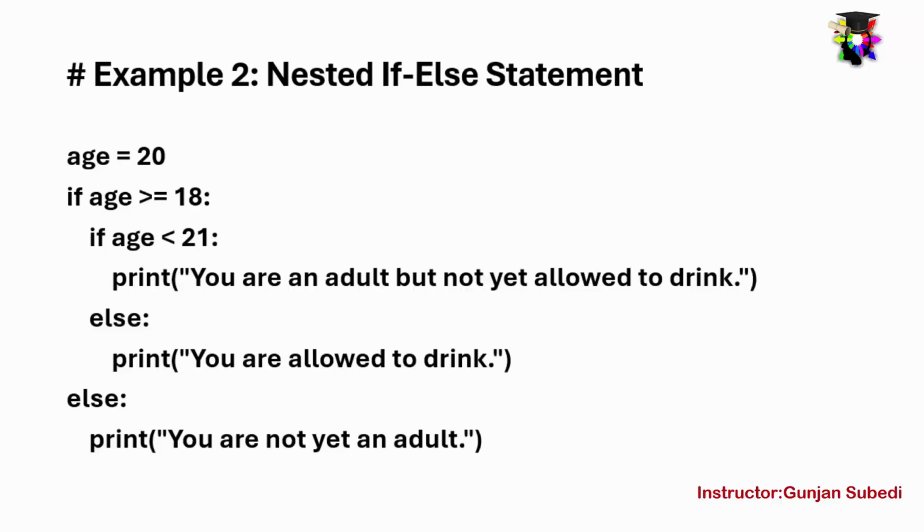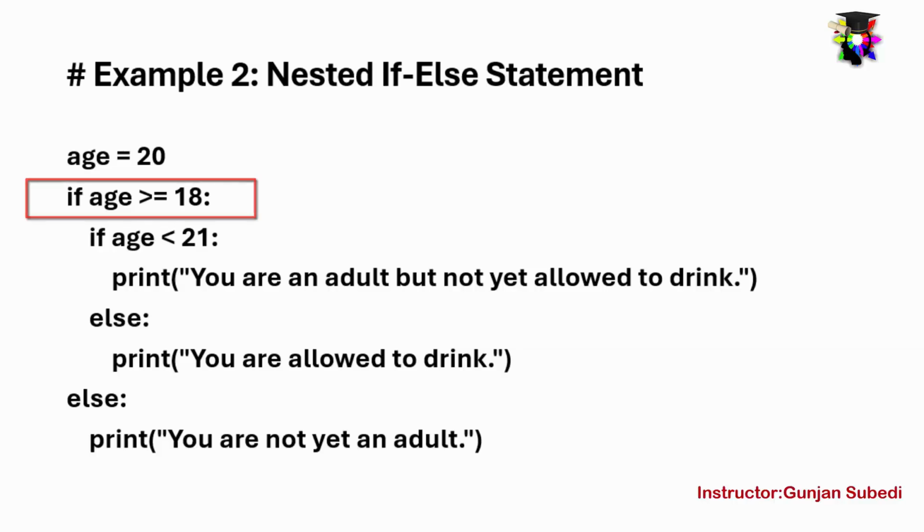Now let's see a second example in which there is a nested if-else statement. That means there is another if-else statement inside the if-else statement. Here age equals 20 means we set the age of the person to 20 years old. This line checks if the person is 18 years old or older.